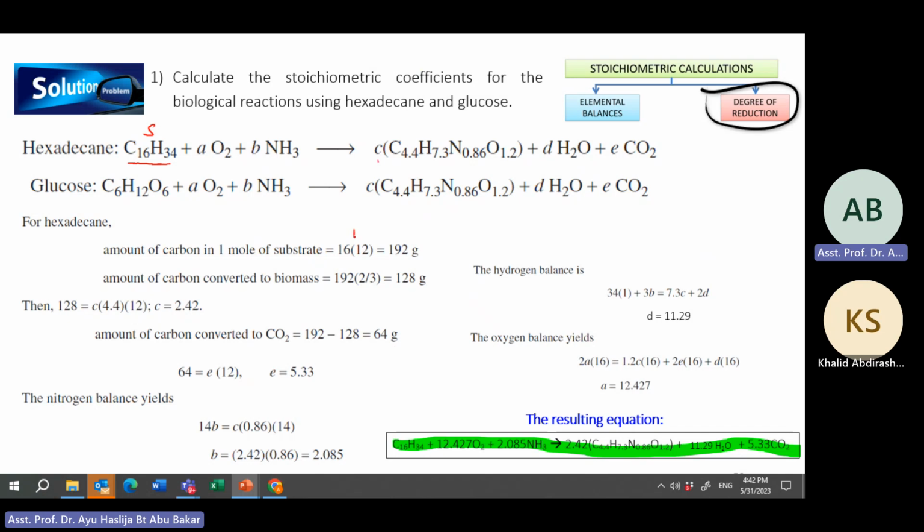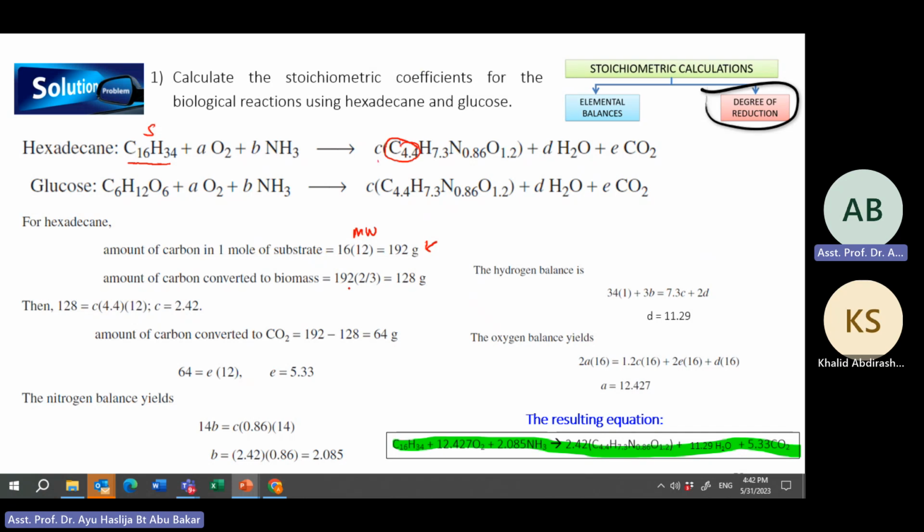Multiply by the molecular weight of carbon, then you will get this figure in substrate. Now we are focusing on the carbon only. So the amount of carbon converted to biomass.